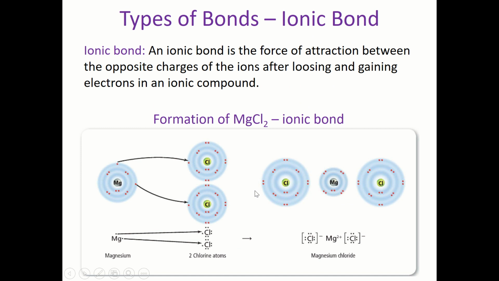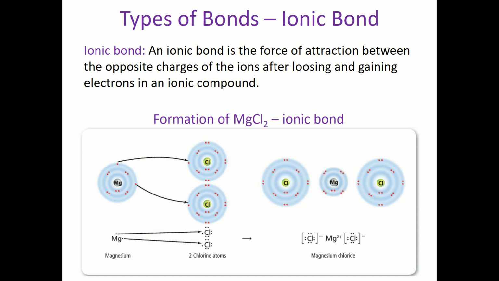Now there's another example here, which is magnesium chloride. If you guys remember, magnesium belongs to group number 2, so it has 2 electrons at the outermost orbit. Two electrons means that again it's not stable, because it must be 8 electrons to be stable. That's why the magnesium wants to get rid of these 2 electrons.